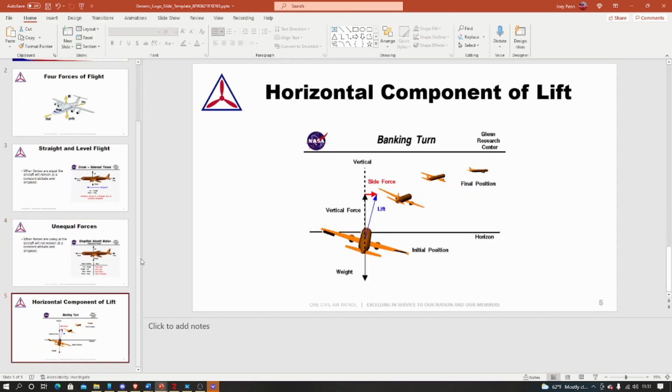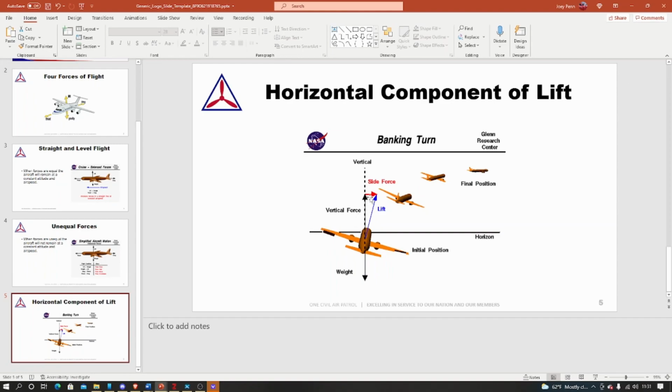Lastly is the horizontal component of lift, and why airplanes turn. When an aircraft banks right, using its ailerons, the lift itself is partially skewed to the right. You can see this with the blue line on the chart.